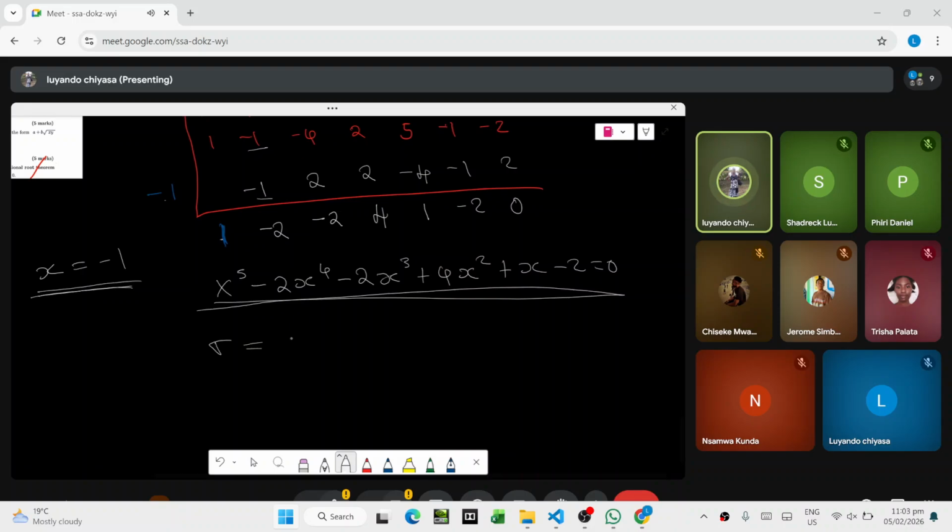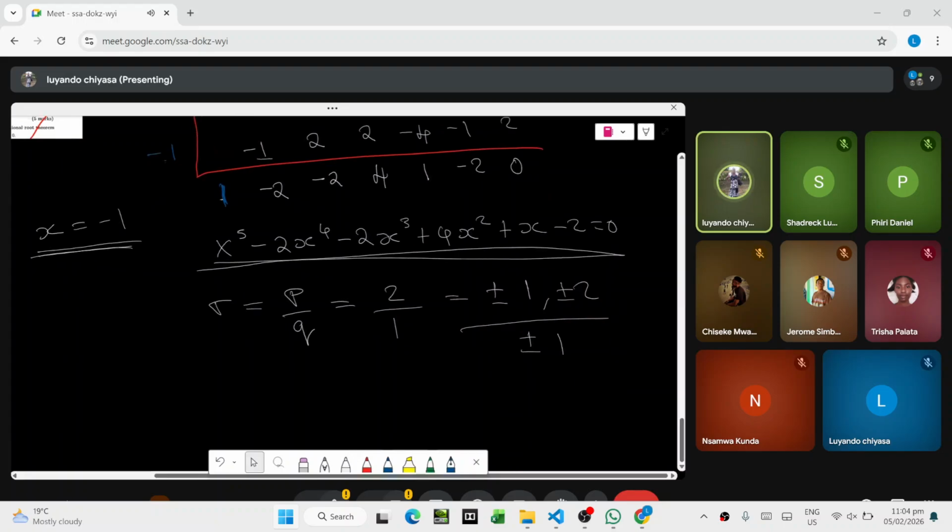You say r is equal to p over q, and we know that our p is 2 and our q is 1. So we get factors of 2 over factors of 1.